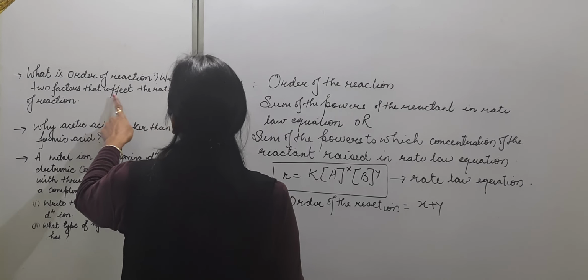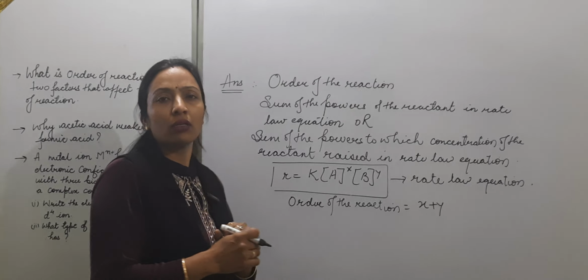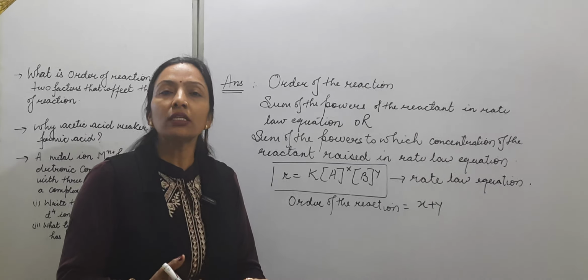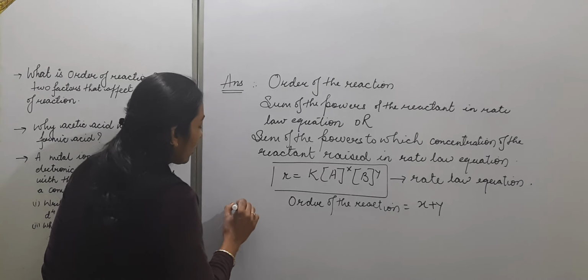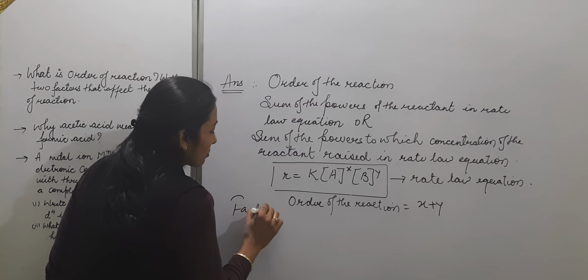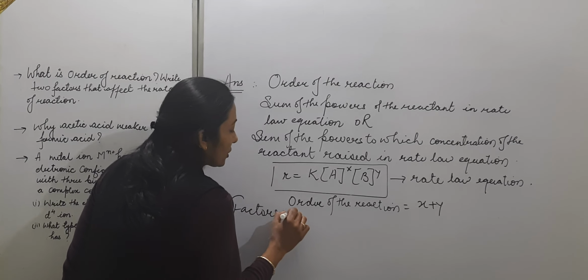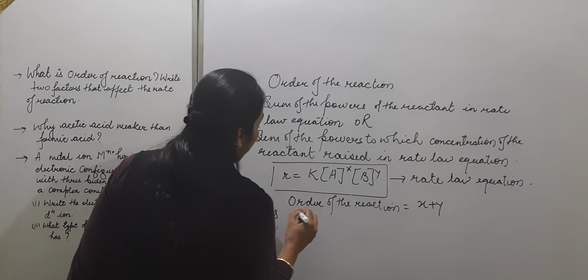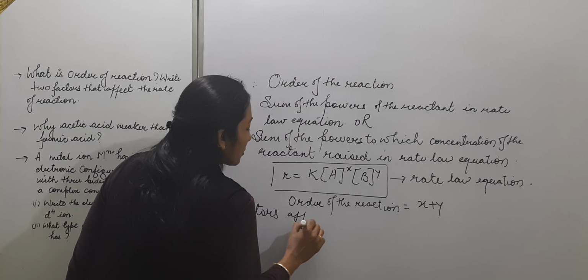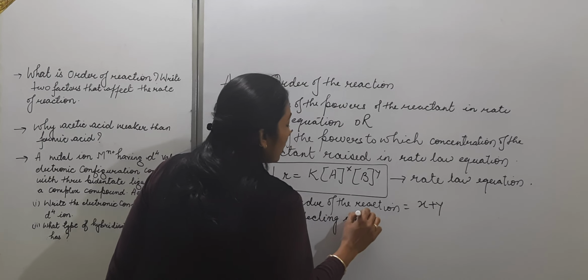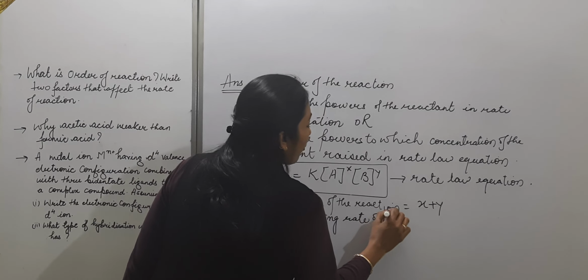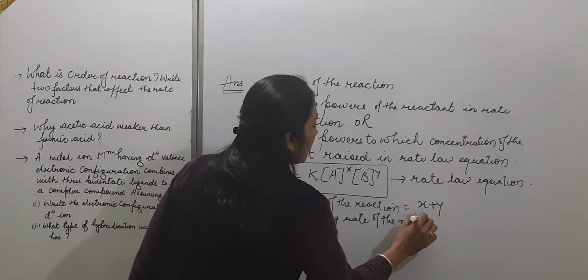Write two factors that affect the rate of a reaction. ऐसे कौन से factor हैं by which the rate of the reaction is affected? So here we can write the factors affecting the rate of the reaction.